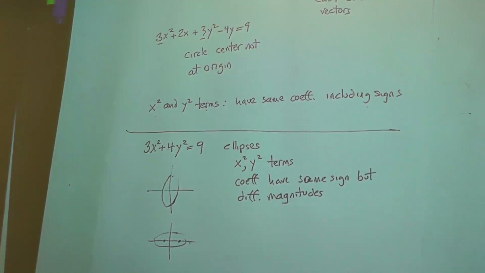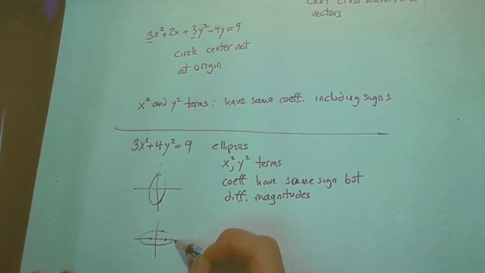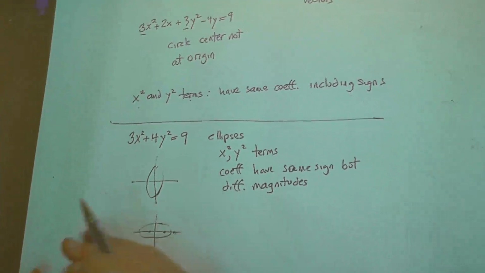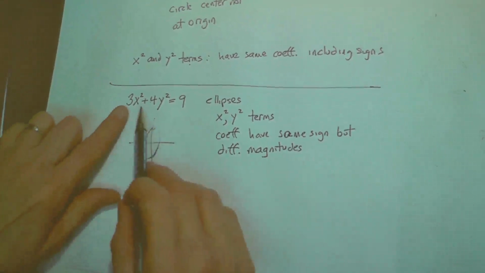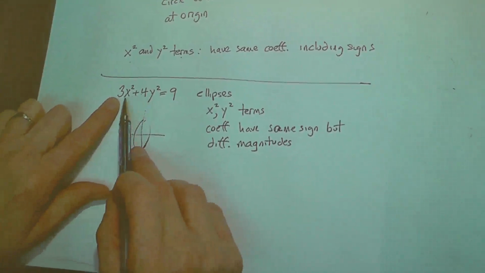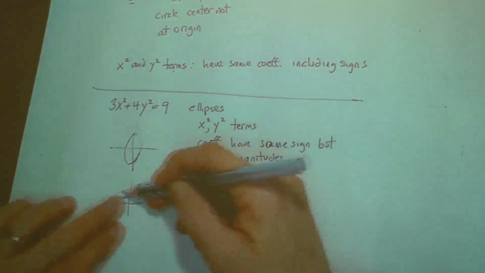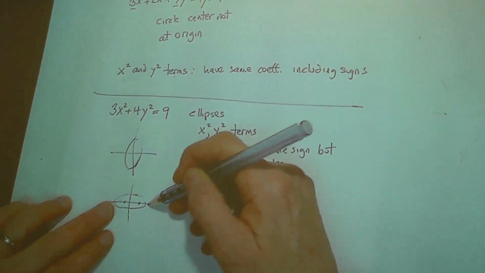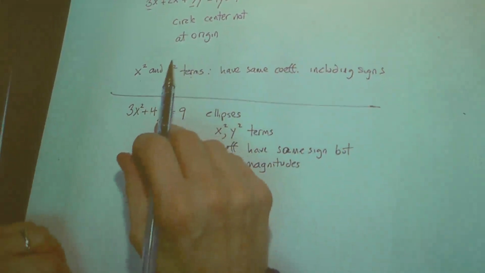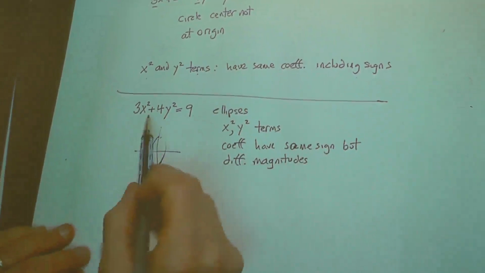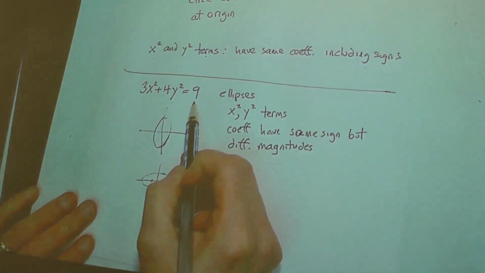There's things called eccentricity of the ellipse. There's a ton of stuff you can study with this. There's a lot of analytic geometry. We're not going to need that. You can, via knowing which of these coefficients is larger, know if it goes up and down more than side by side. You can simply find x and y intercepts. This is all stuff we can do, but mostly what I need is that's an ellipse, so that you know the general shape. Okay?